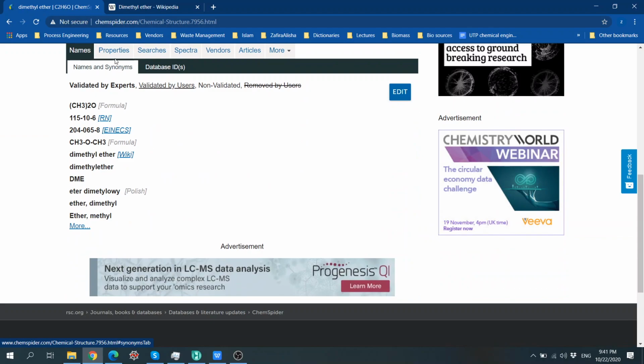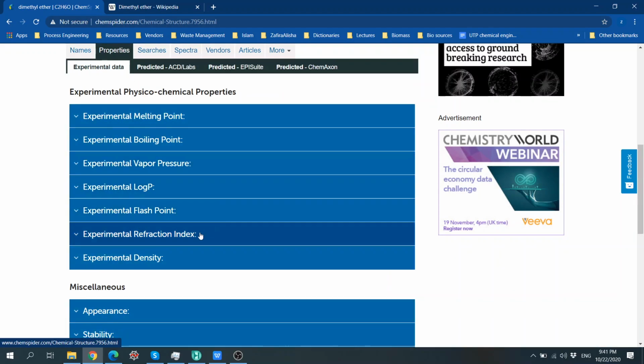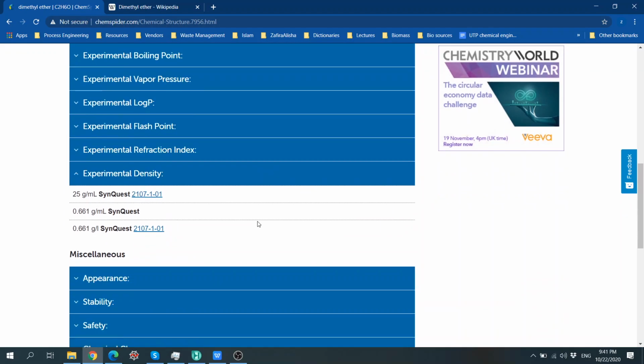And then we can click on the properties and then the density, and then it gives us this. There are many experiments, and we just need to click on it to see what it means. And this one is in gram per milliliter, it's about 661 kilogram per meter cubic roughly. Yeah, it's about this number.